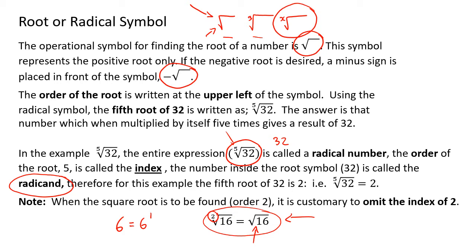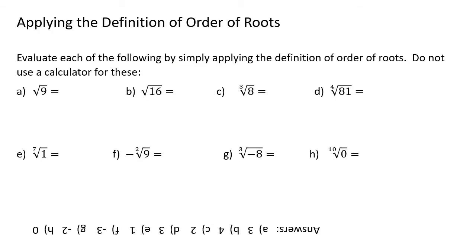I'm not expecting you to memorize those terms. I'm just explaining what the fancy terms are for each one of these. So let's look at a few examples. This is intended to be done without a calculator. If we were doing this in an in-person class, I would have you calculate these without a calculator.